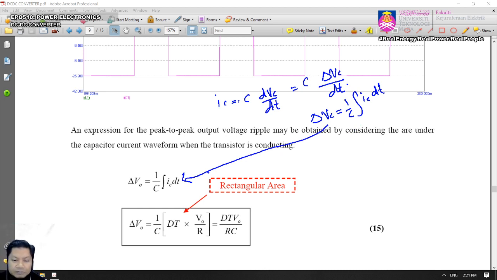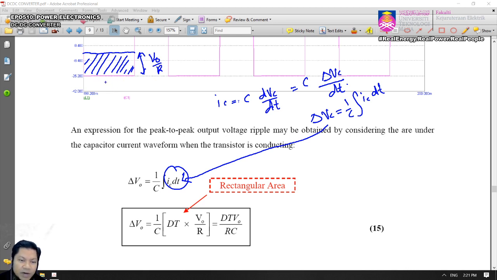Okay, so again, this is only the area under the curve. If you look at this waveform, what you get is only that area. So you want to find this area. So it is just a rectangle, isn't it? It's a rectangular area whereby the height here is equals to V out over R, and then the base multiplied by height.